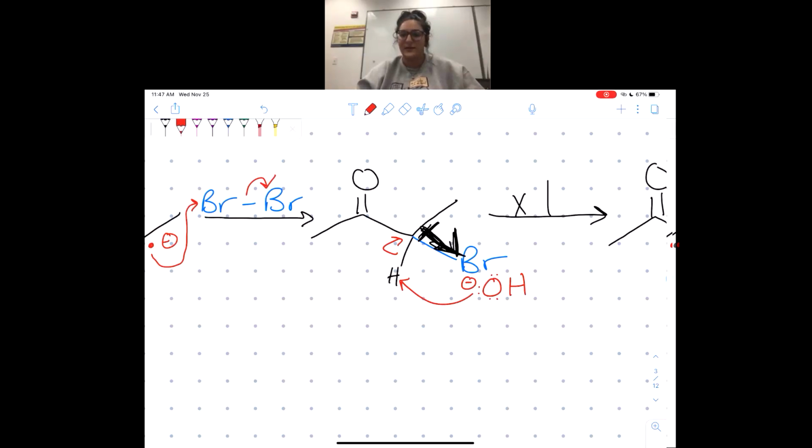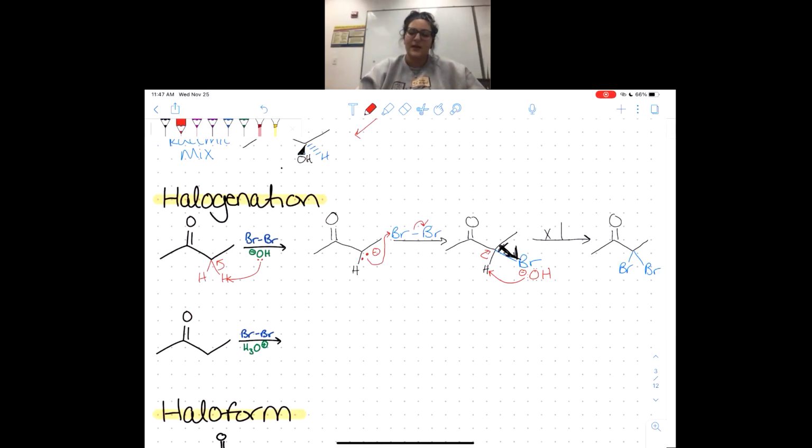So for that reason, we can go through the reaction one more time, and we can fully substitute this alpha carbon. And so what do I mean by fully substitute? We're replacing all the hydrogens with bromines. And then someone said, will this happen 100% of the time?